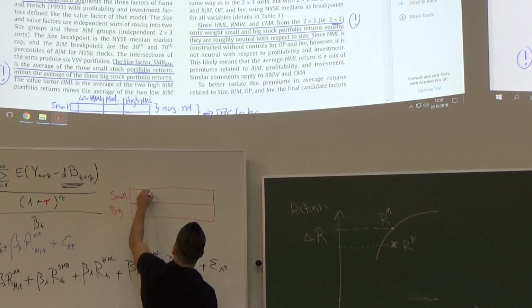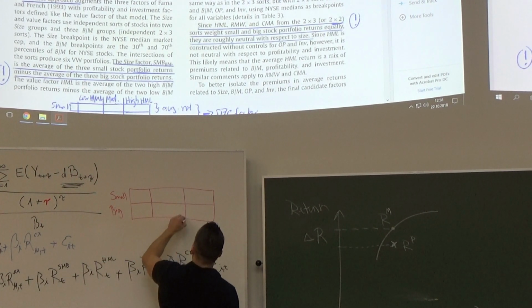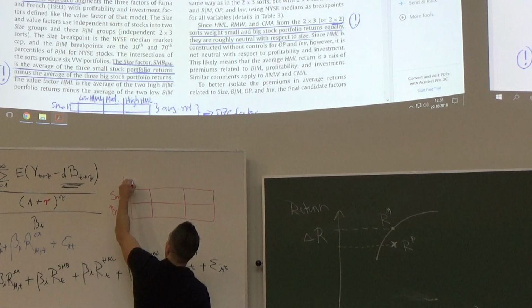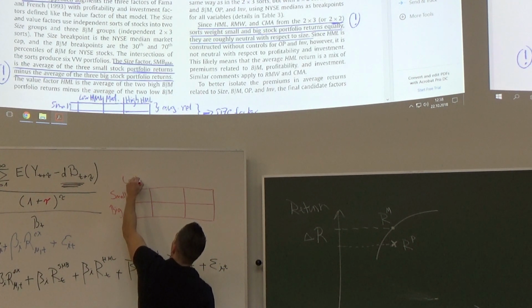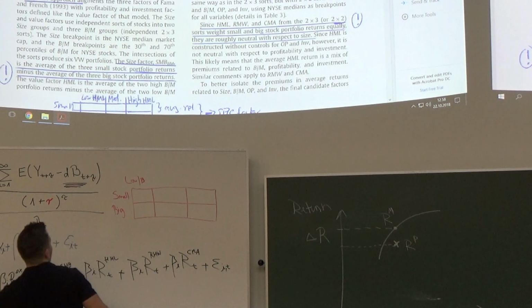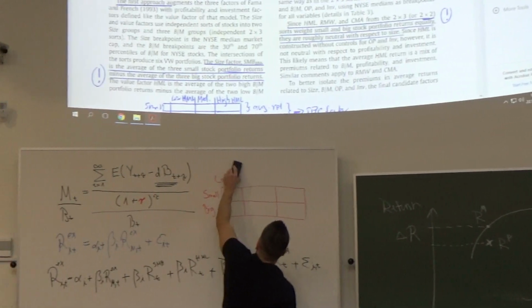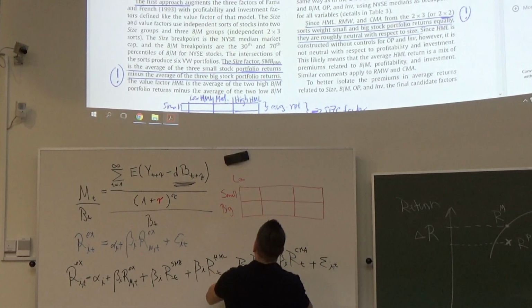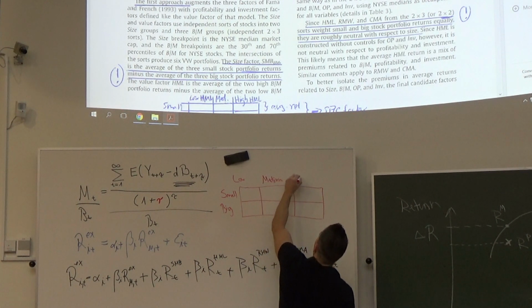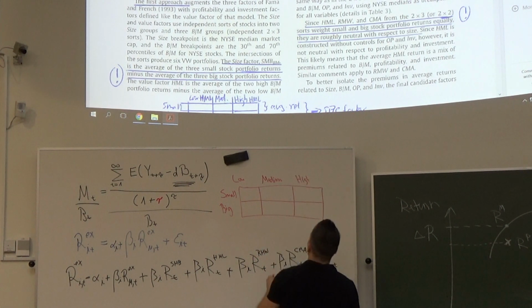Then they have 3 groups of book-to-market ratio from low, I will just write low, medium, and high book-to-market ratio.